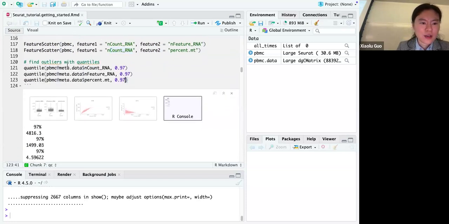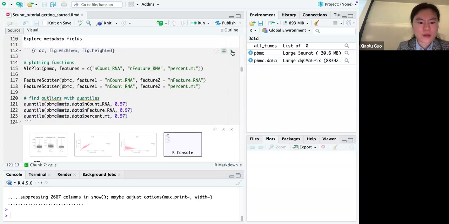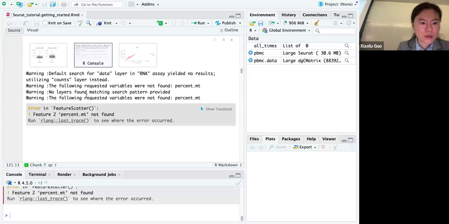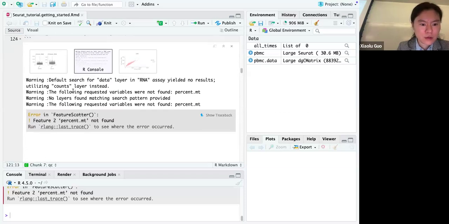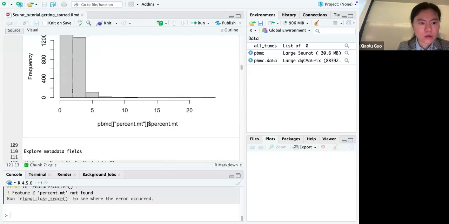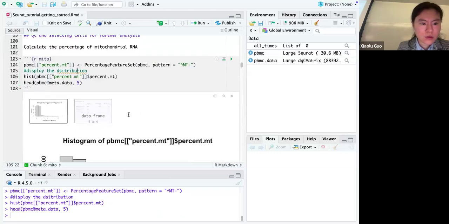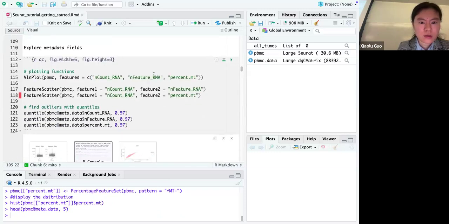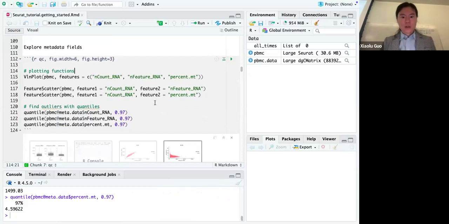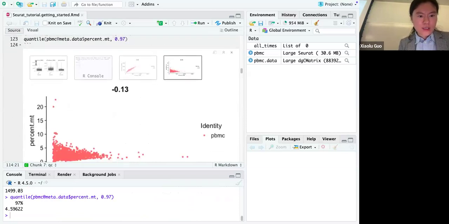And yeah, let's skip that one for now, and we can run this chunk. Okay, now we have this one.